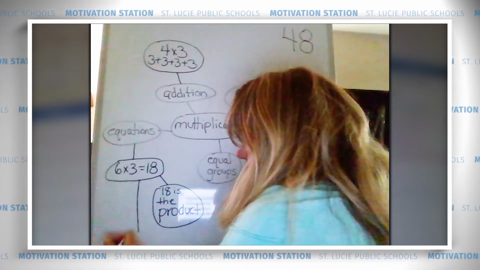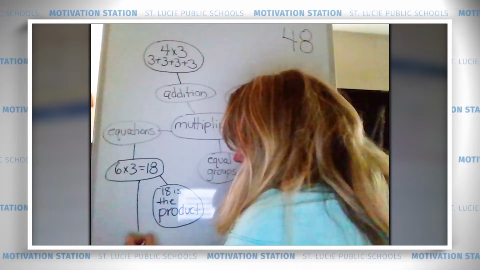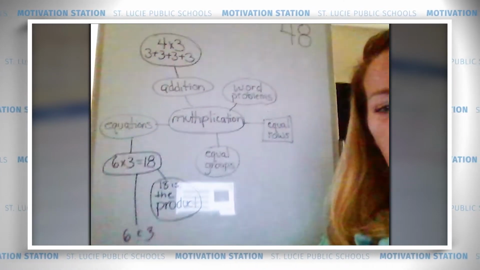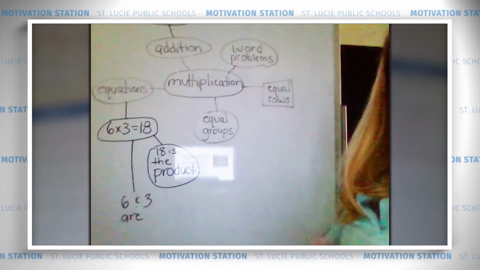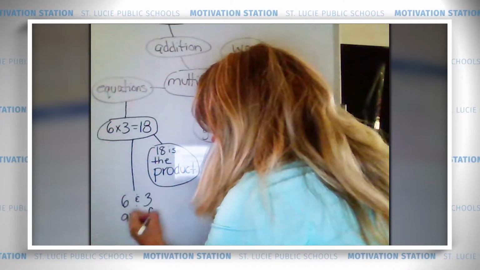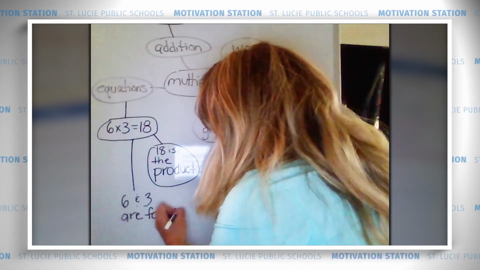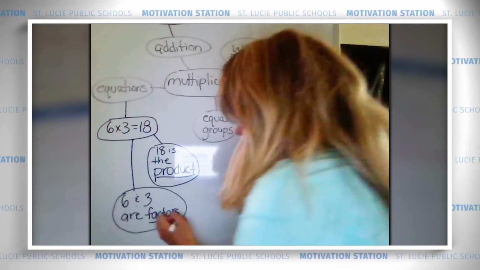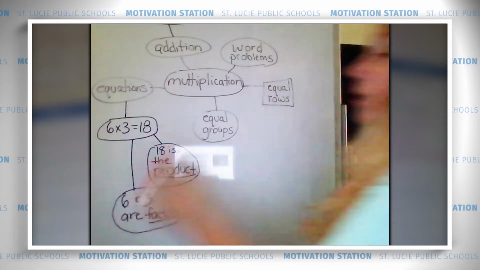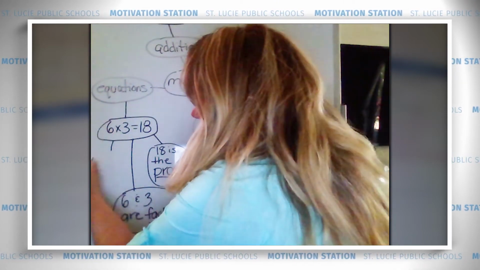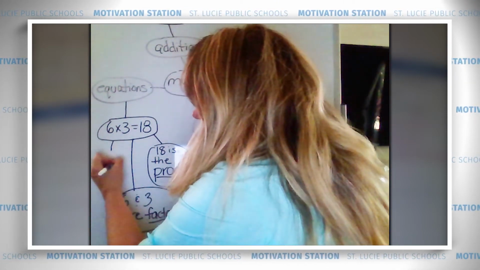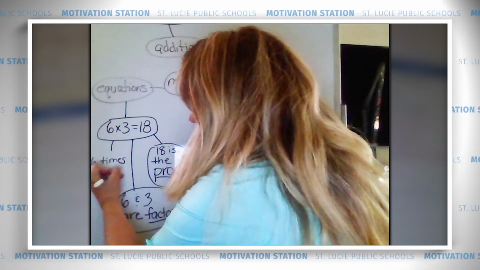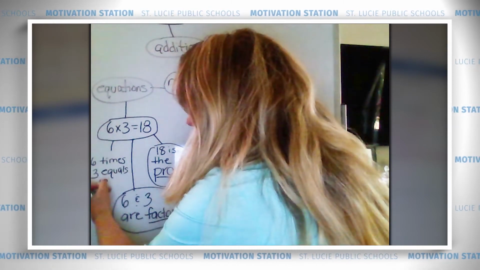What are the two numbers we multiply together? 6 and 3, do you guys remember what that's called? They are the factors of the problem. Factors, those are important vocabulary words, the product and factors. Very good. And then we can just say it in words: 6 times 3 equals 18.